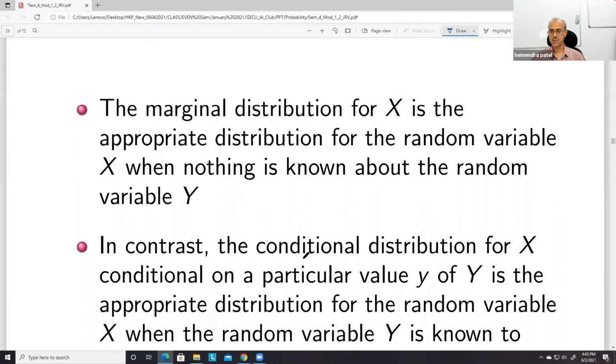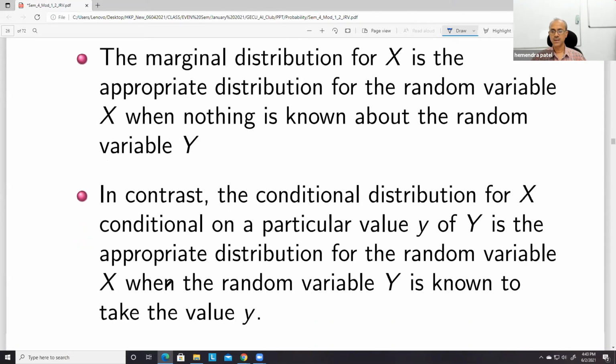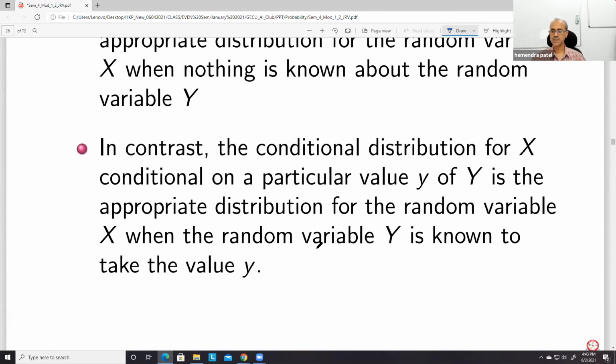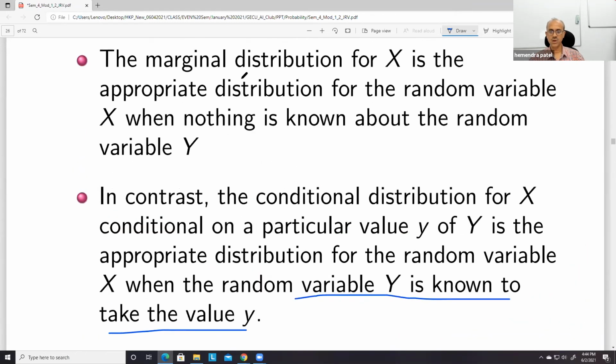In contrast, conditional distribution for x has a condition on y, that is, when the random variable y is known to take the value y. So the basic difference is that there is no condition on y in marginal, and in conditional, definitely there is a condition on y.